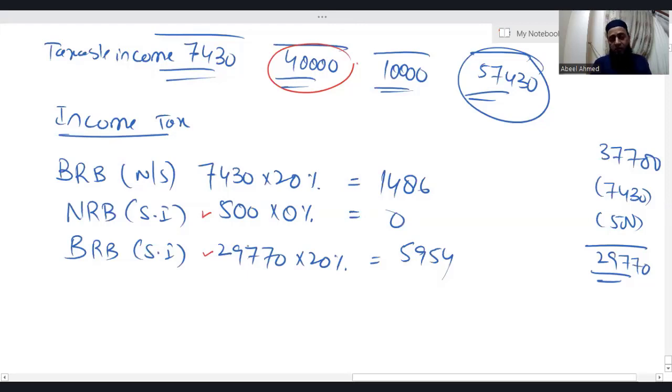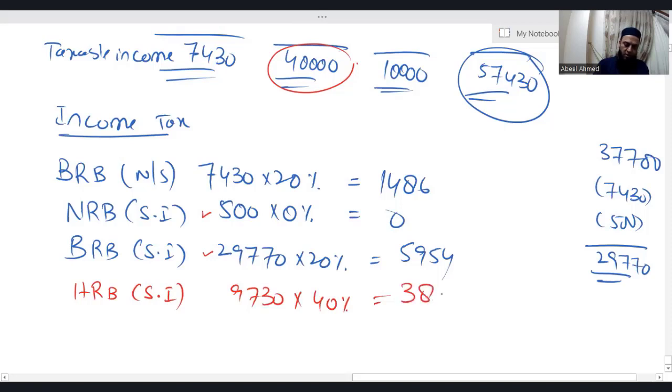I'm getting 9,730. So the saving income which falls in the higher rate band, because the basic rate band is fully utilized, is 9,730. Applicable tax rate is 40%. 3,892.